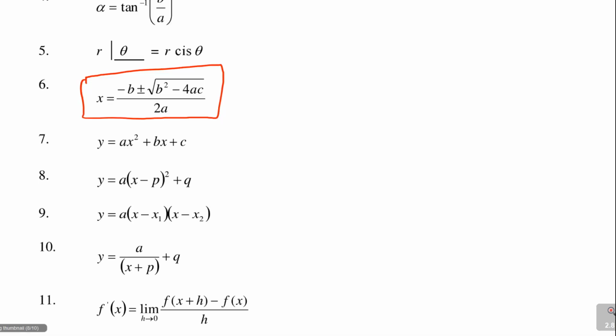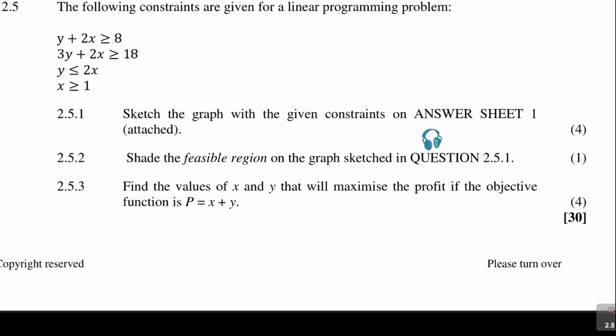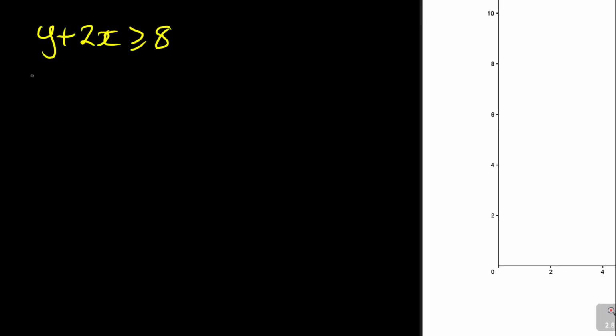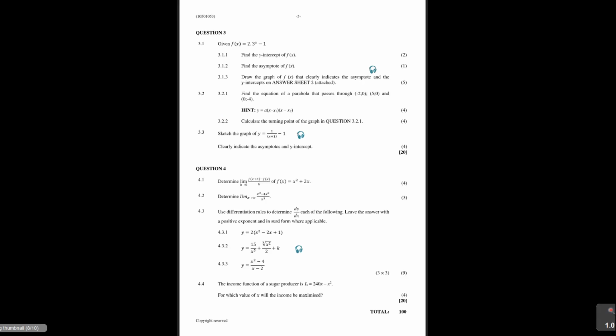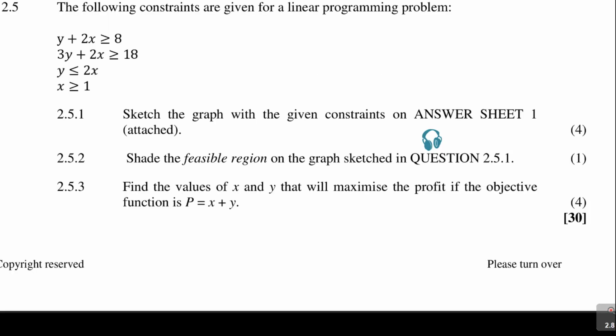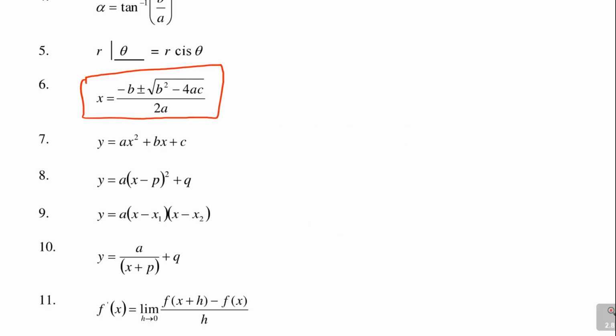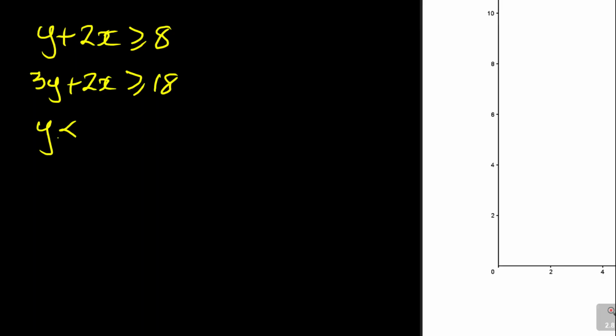What is the next one? 3y plus 2x is greater than or equal to 18. Alright. The other one is y is less than or equal to 2x, and x is greater than or equal to 1.